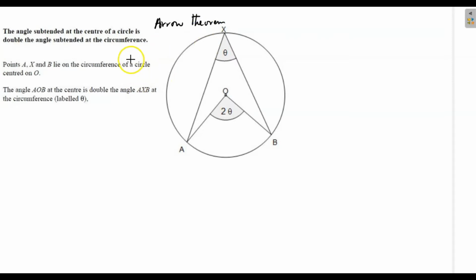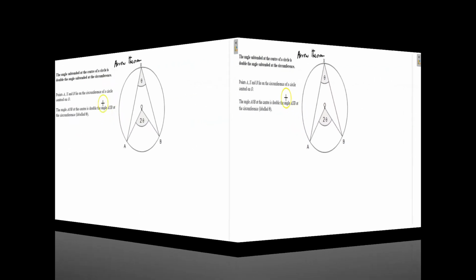So when you have any angle subtended at the center of a circle and another angle subtended also at the circumference of the circle, twice of whatever angle you have at the circumference of the circle will give you the angle at the center of the circle. We are going to verify this angular property very soon.